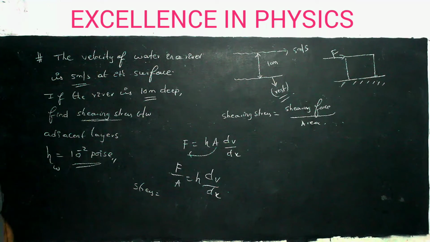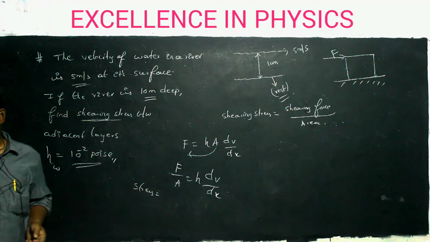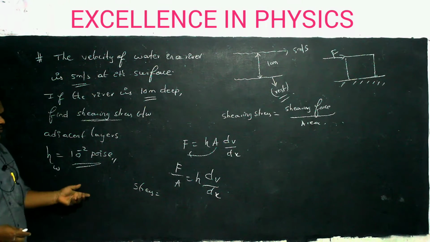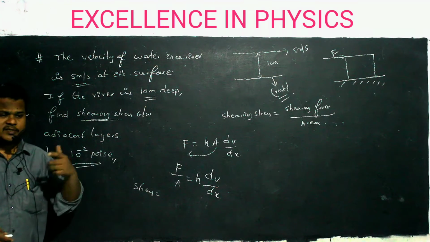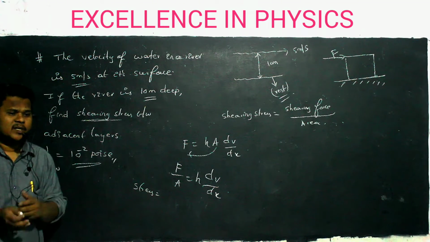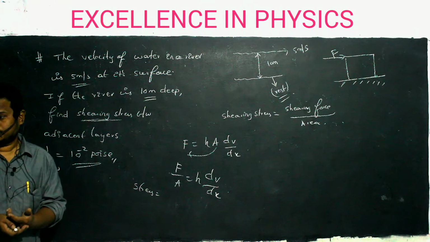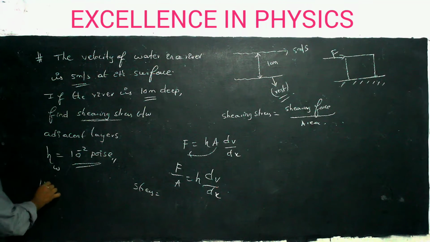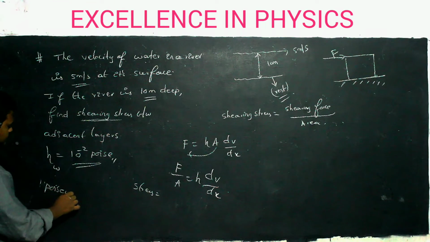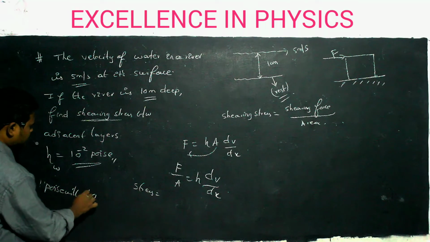What is meant by poise? Unit of coefficient of viscosity in terms of CGS units. Then what is the unit in SI unit? Decapoise or poiseuille. So what is the relation between poise and poiseuille? 1 poiseuille is equal to 10 poise.